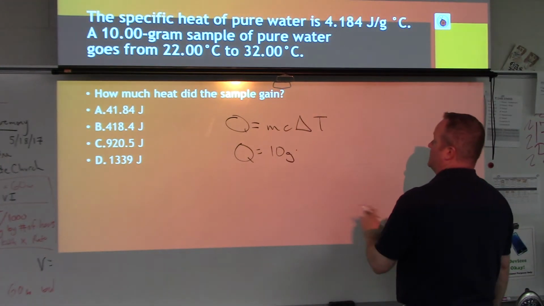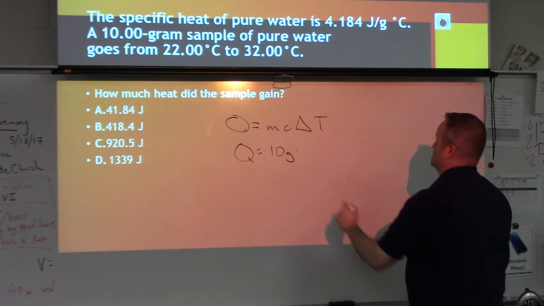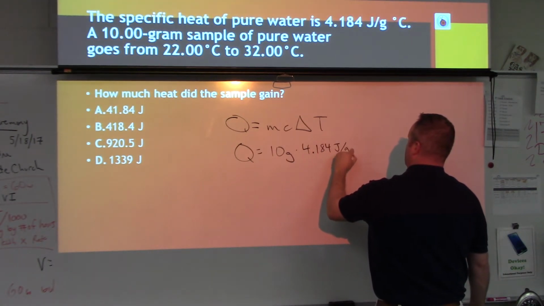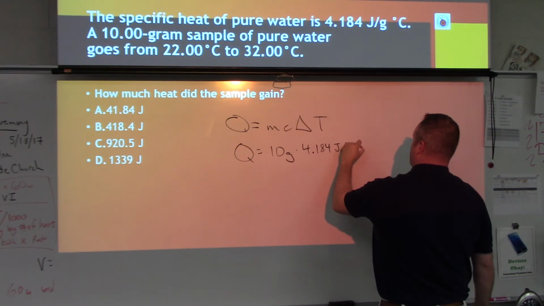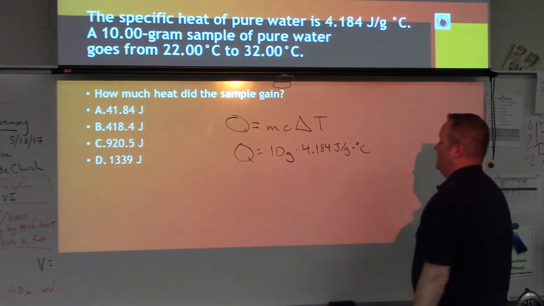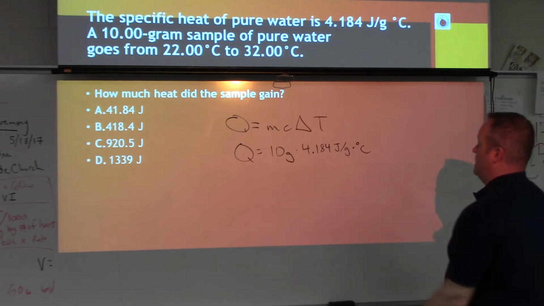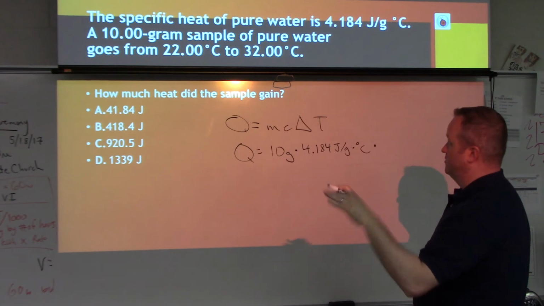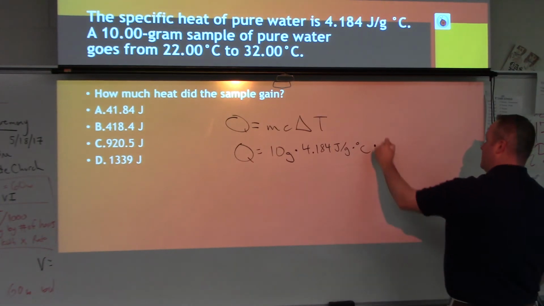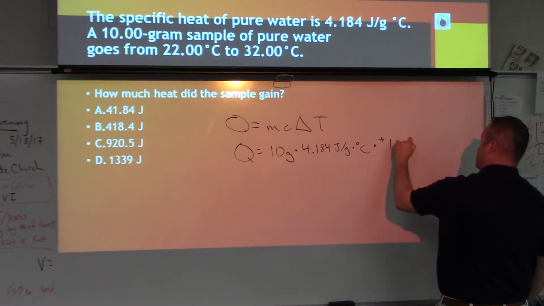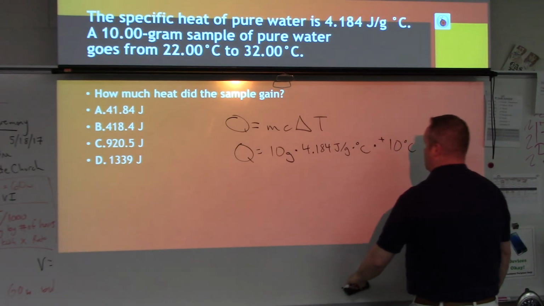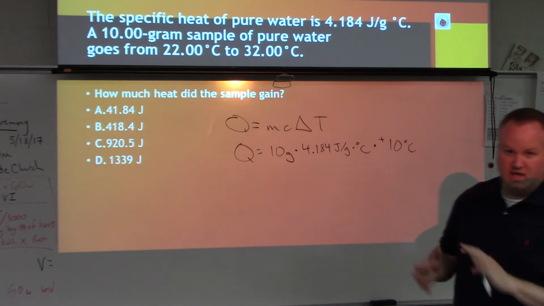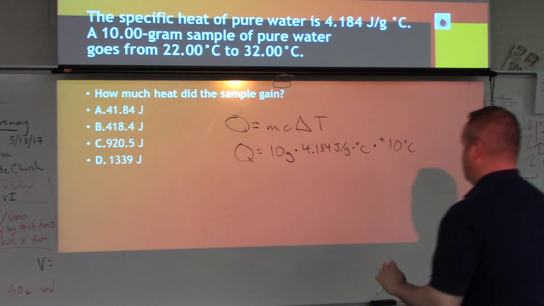We know the specific heat capacity of water, and we also know that our change in temperature, if it goes from 22 to 32, that means it's a positive 10 degrees Celsius. I like to write the little positive symbol there just so I remember that it's not being taken away, and that way I won't mess up.